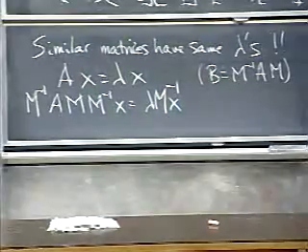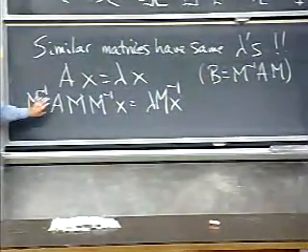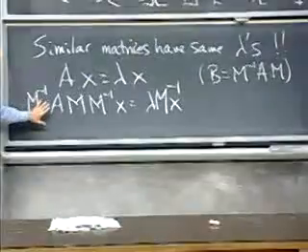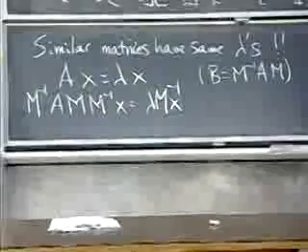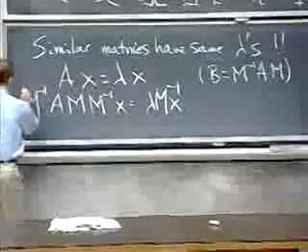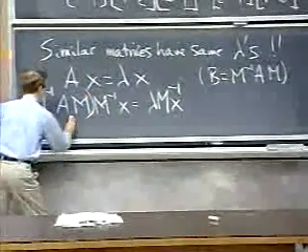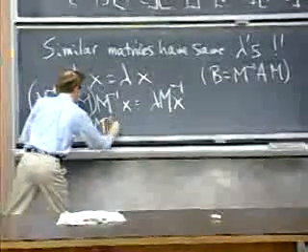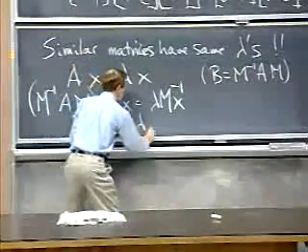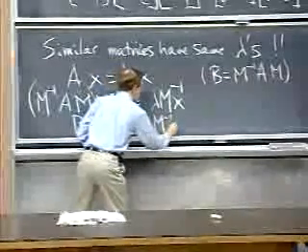This was safe. I did the same thing to both sides. And now I've got B. There's B. That's B times this vector M inverse X is equal to lambda times this vector M inverse X.